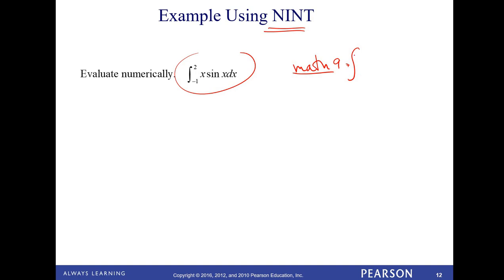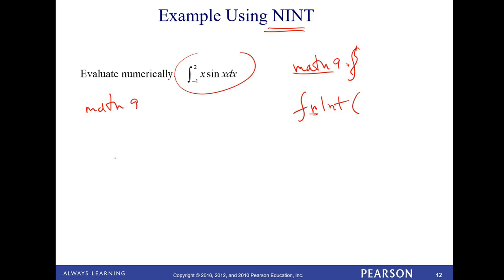Oh no, it says FNINT first. FNINT of something. In other words, we're finding the integral over an infinite number of sections. I'm not sure that they all say it this way. Yours might say something a little bit different, but choose Math 9.